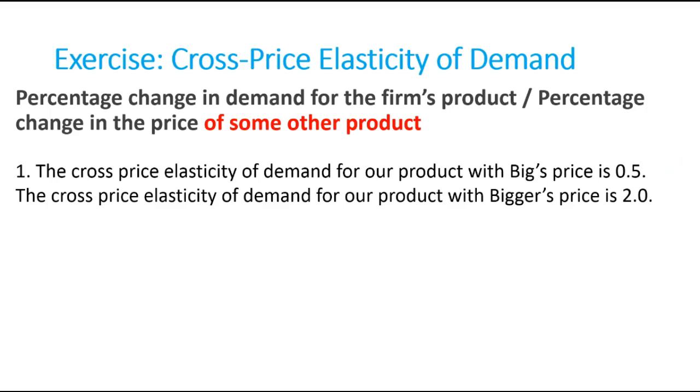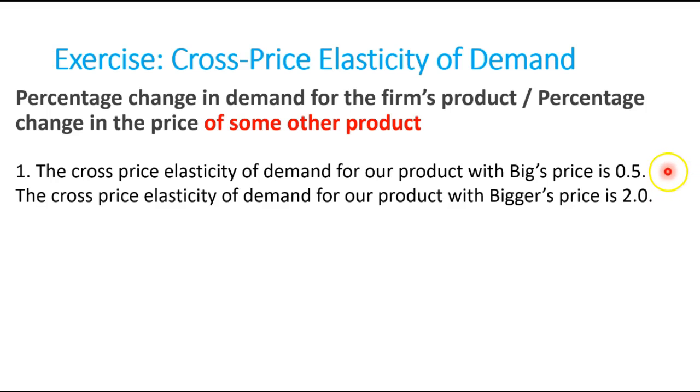So what does that mean in plain English? Well, clearly it's just saying something like, if bigger was to raise its price by, say, 1%, that's going to raise our sales by 2%.